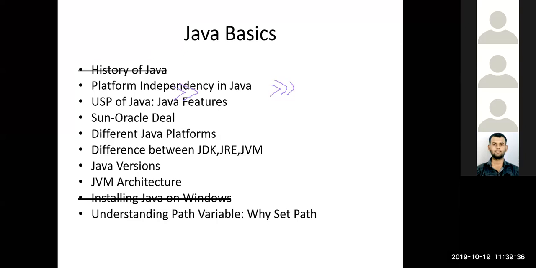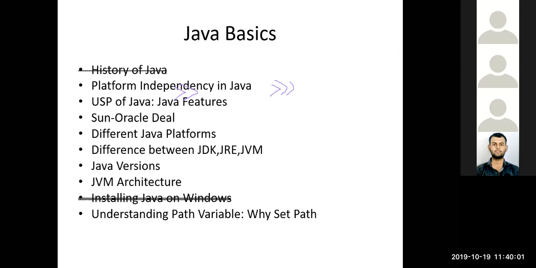You might have already gone through the history of Java, platform independency in Java, USP of Java, Java features, and the Sun Oracle deal. You must know about different Java platforms, the difference between JDK, JRE, and JVM, Java versions, JVM architecture, installing Java on Windows, and understanding the path variable.